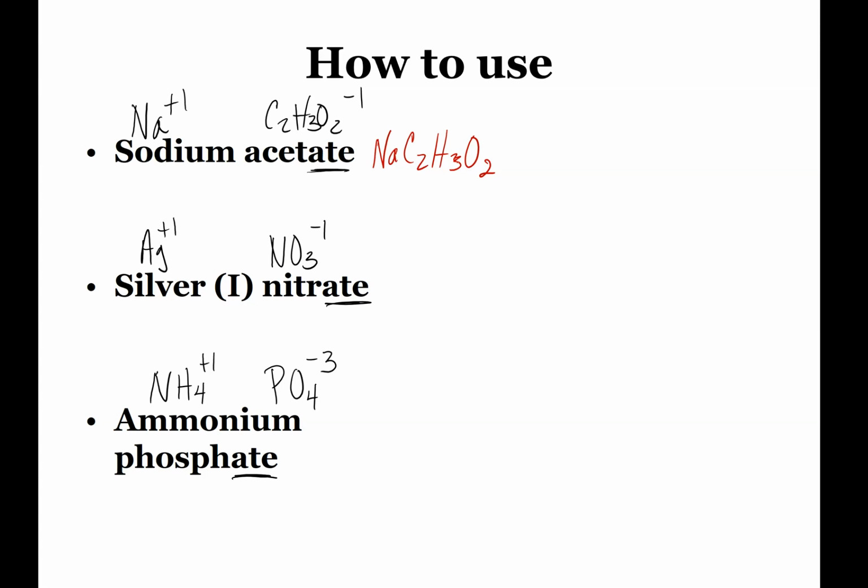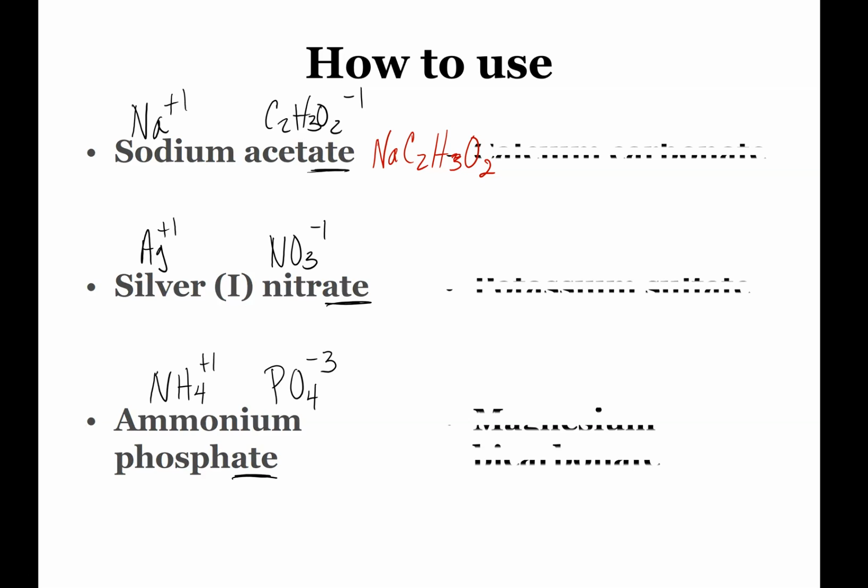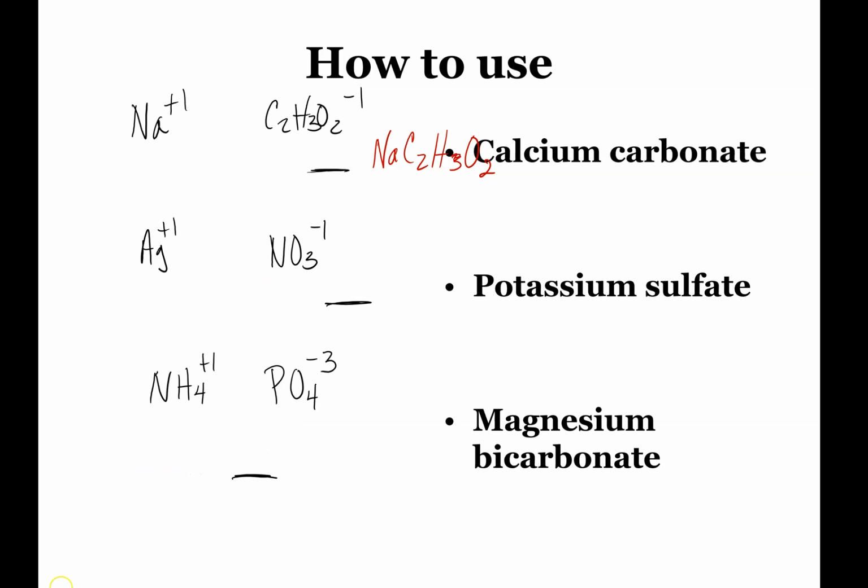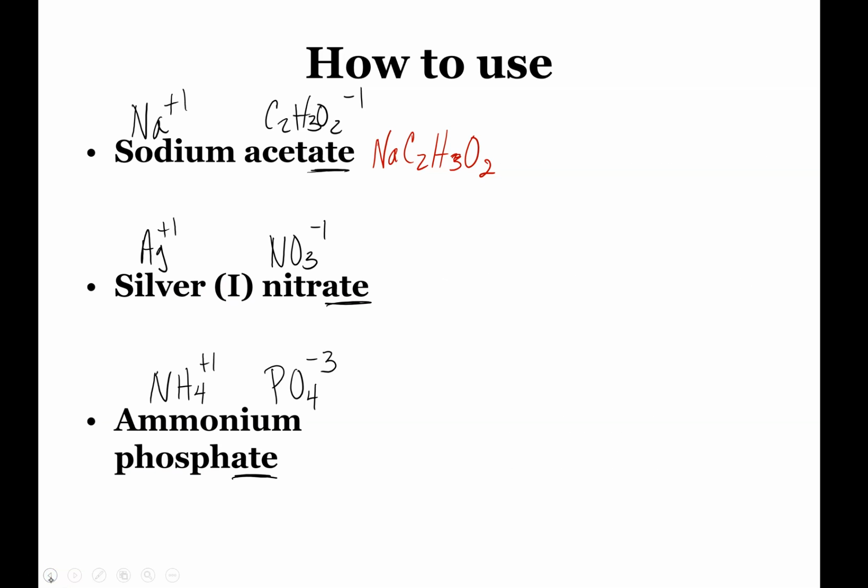That's even worse. +1, -1, that means they cancel out already. So big A, little g, capital N, capital O. Make sure that your polyatomic ions, your letters are the same size.